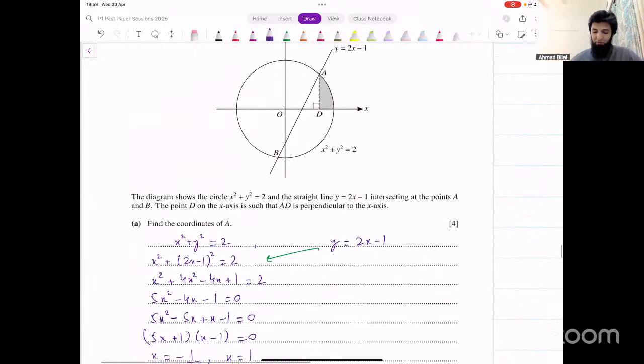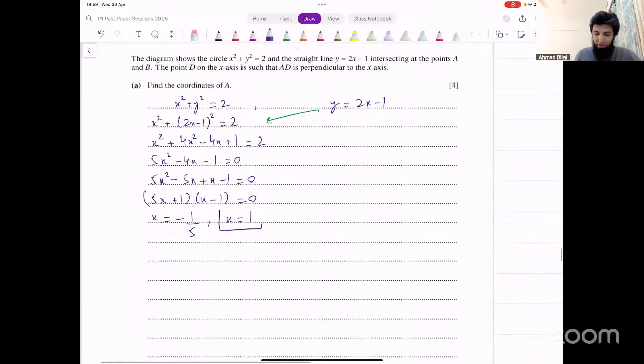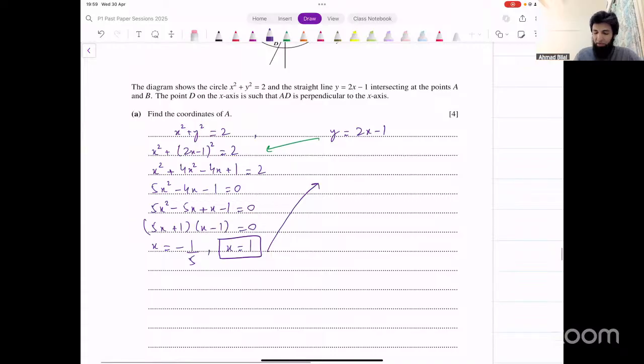We are looking for the coordinates of the point A. Its x coordinate is supposed to be positive, so we only consider x equals 1. Put that in the other equation: y equals 2 into 1 minus 1. The value for y turns out to be 1. So the coordinates of A therefore are 1 and 1. And that's what we were looking for here in the first part.